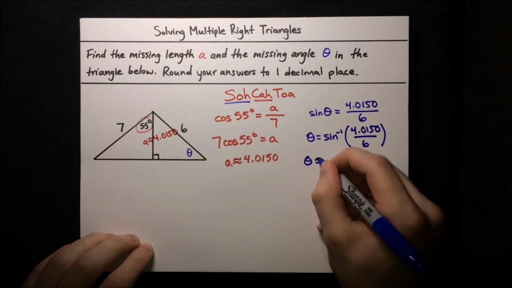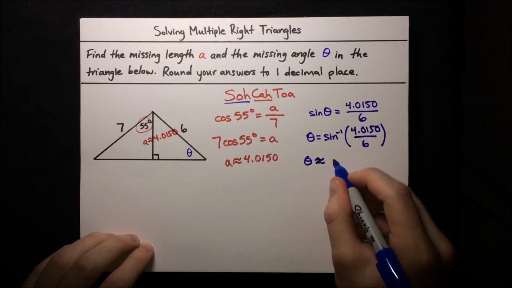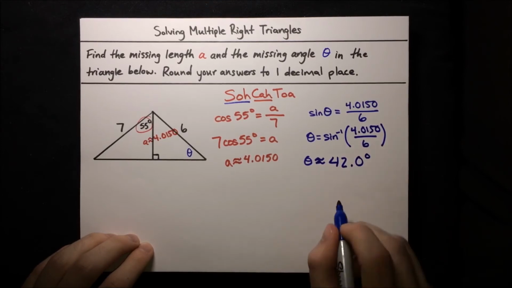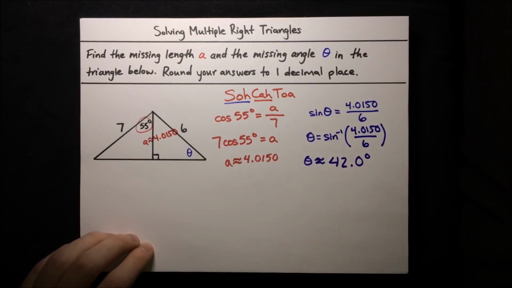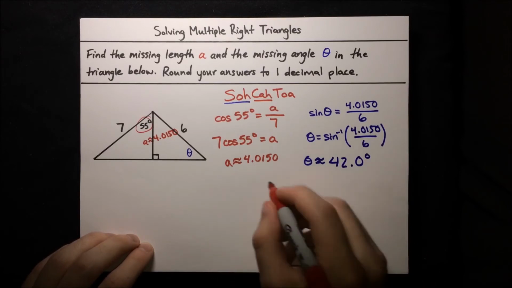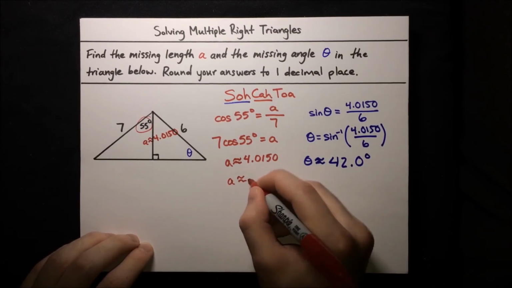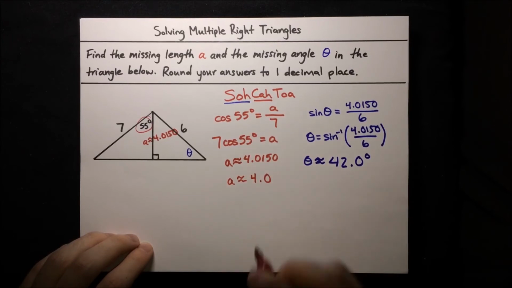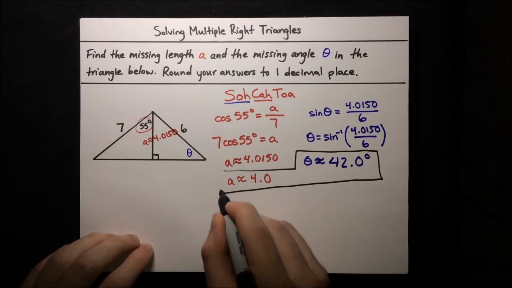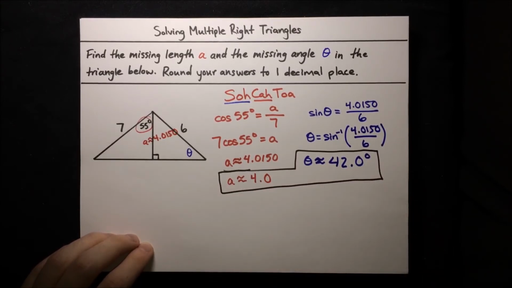We get theta is approximately, to 1 decimal place, 42.0 degrees. Okay, so let's go ahead and finish this off. We'll round a to 1 decimal place now. That's just a is approximately 4.0, and there we go. We've got our two variables rounded to 1 decimal place. There's our solution.